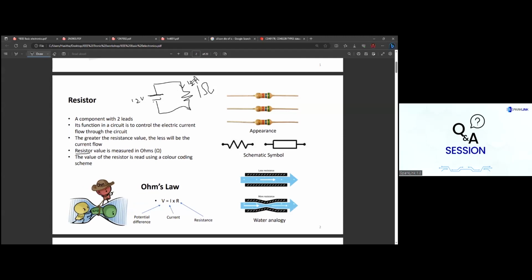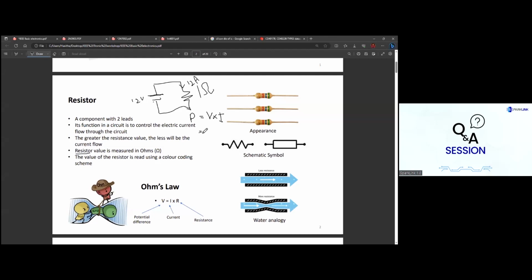Then what is the power dissipated by this resistor? Power equals voltage times current. This voltage is 12, current is 12.